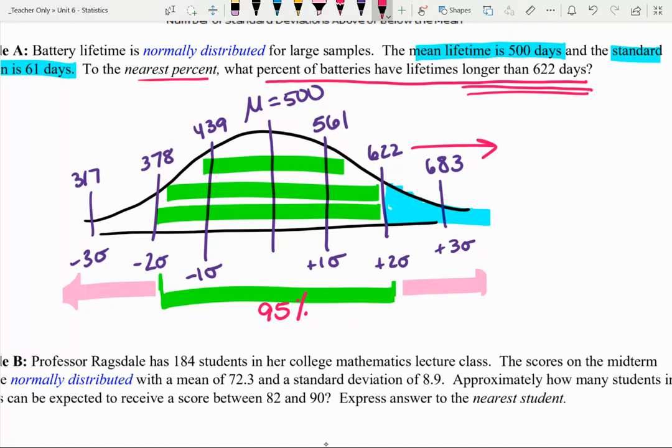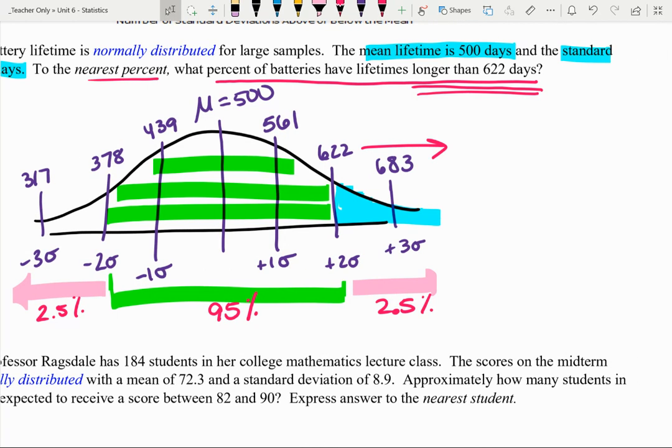Since it's split evenly in half, half of 5% means we've got 2.5% on either side. That would add up: 2.5 plus 2.5 plus 95 would equal the 100% that we're looking for. So our missing area, our percentage, is approximately 2.5% of batteries.